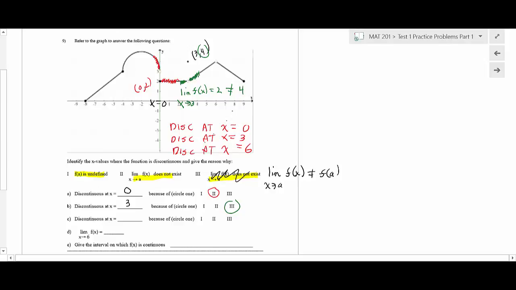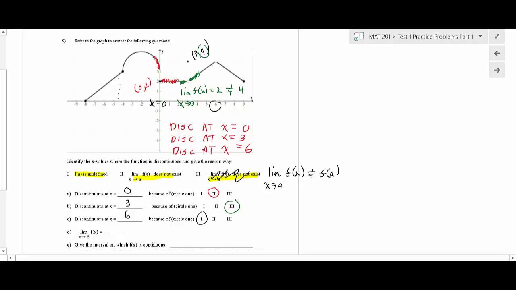Then when you go to the next one, we're looking at 6. And again, the thing on that is, well, there's an open bubble. It's undefined. So this one would be condition 1. The limit exists on that, but it's undefined.